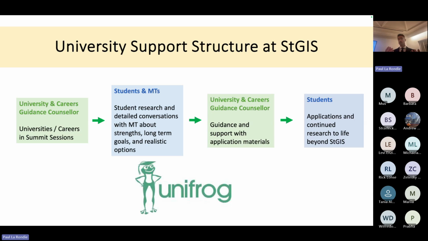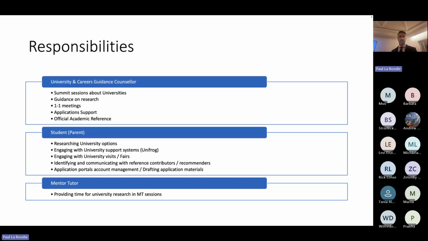And then students themselves are actually responsible for facilitating the applications, writing their own applications, logging into university application portals, that sort of thing, and making sure that they have gone through the specifics themselves, but I guide along the way.